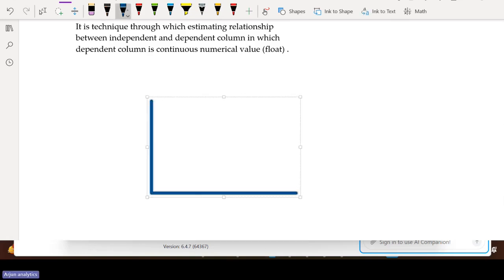Now this graph has two sides, right? We call this one x-axis. This is y-axis. This is x-axis and this is y-axis.